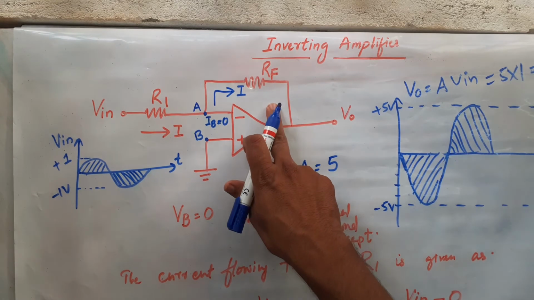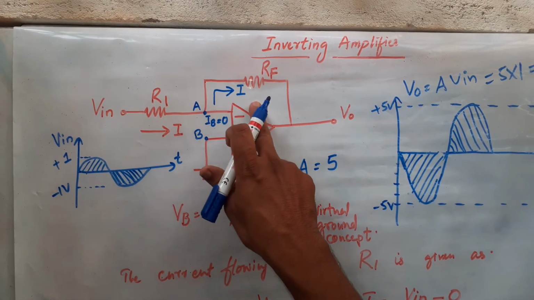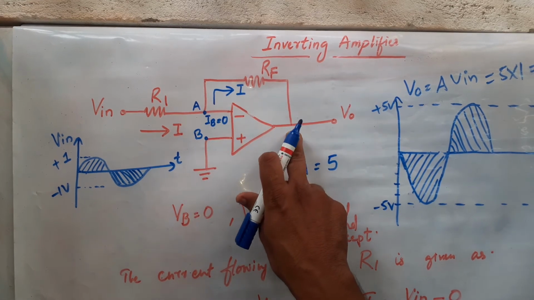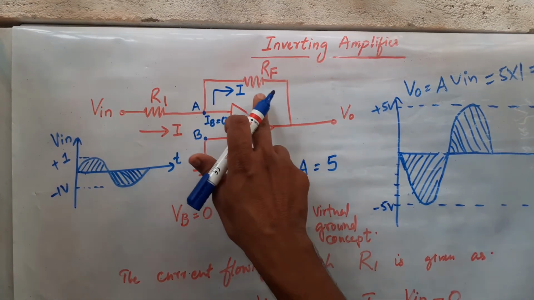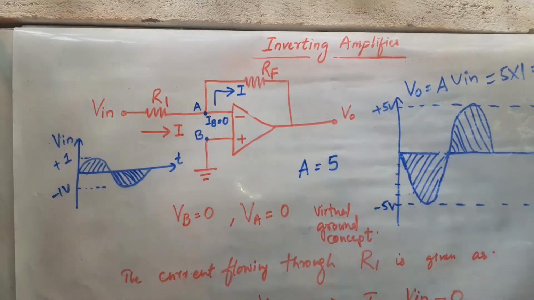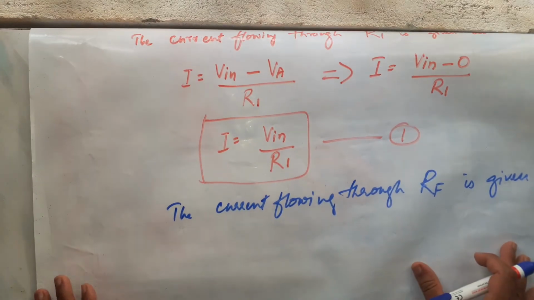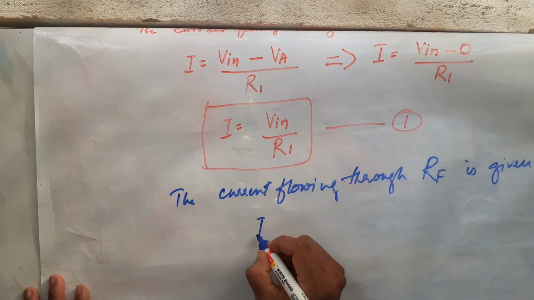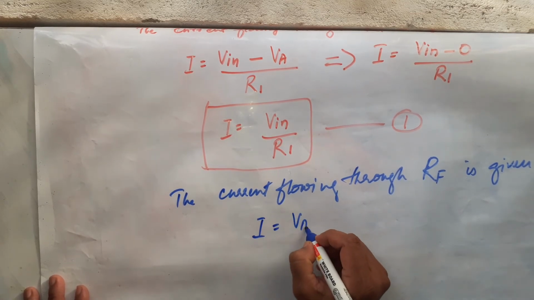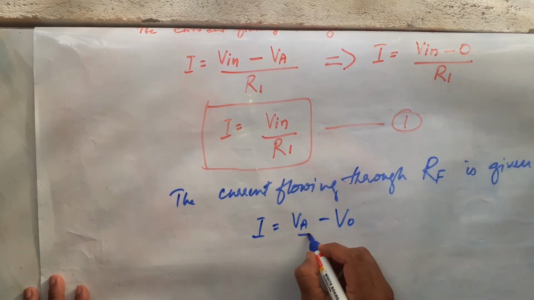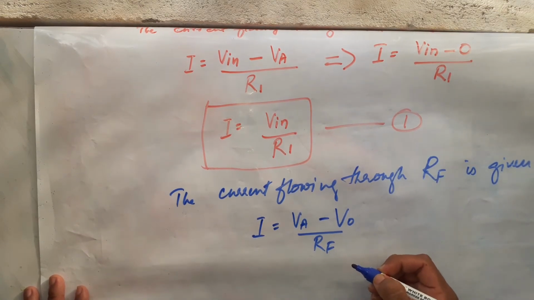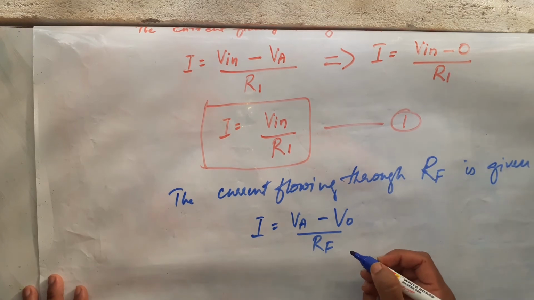RF is our feedback resistor. The current flowing is I, right? This is our V0 voltage. Here we have VA. RF is between V0 and VA. How can I write? I equal to VA minus V0 divided by RF, isn't it? This is how I can write.